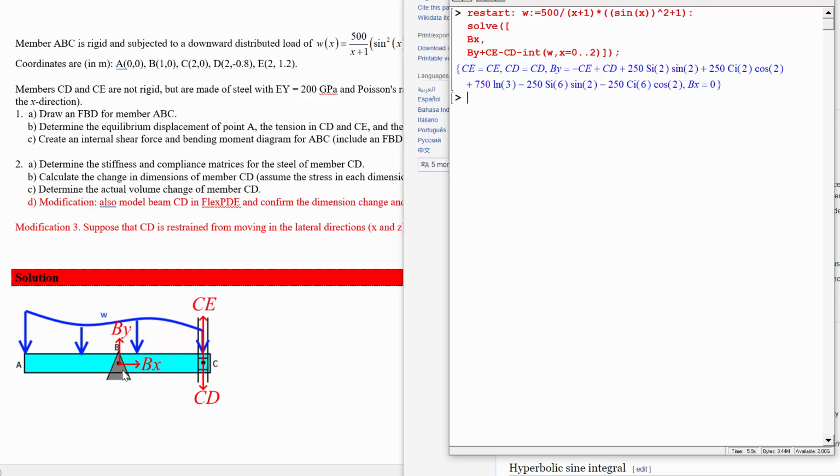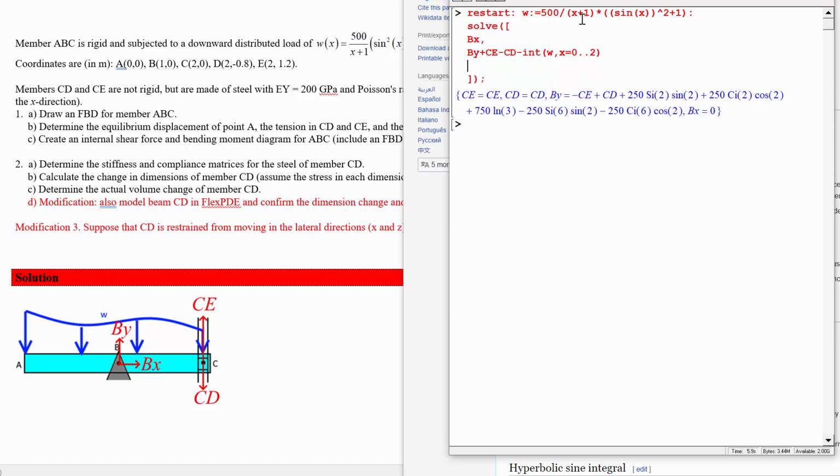How about point B? Relative to point B, the net torque provided by Bx and By is 0.